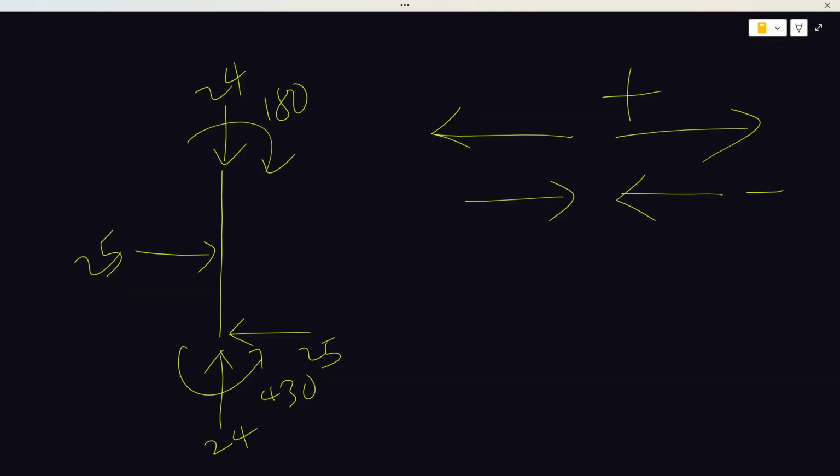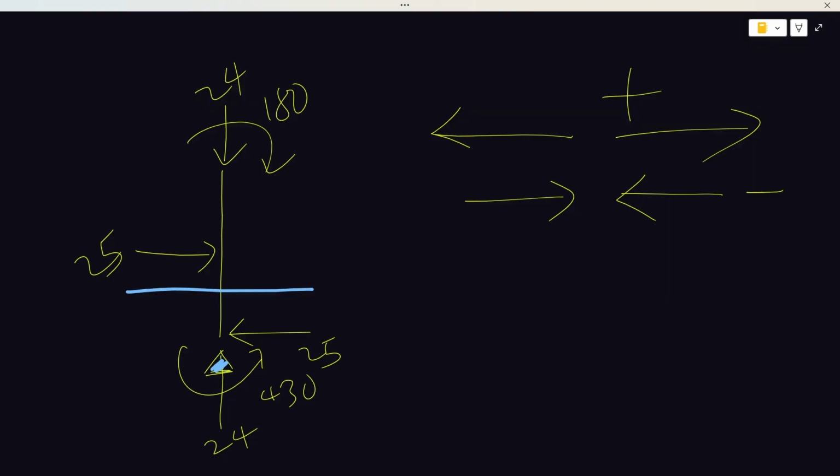So looking at this, cutting in this place, I'm using the smaller portion now.